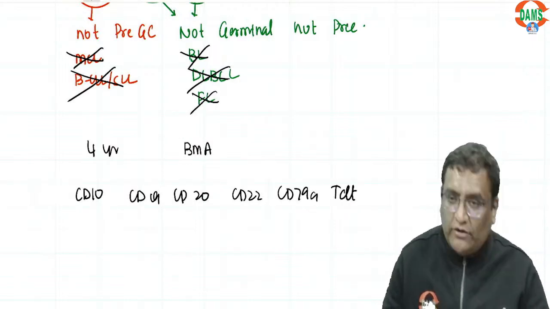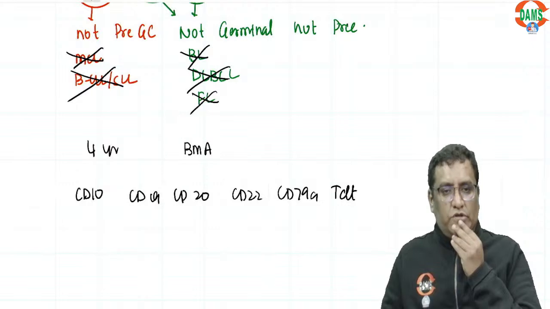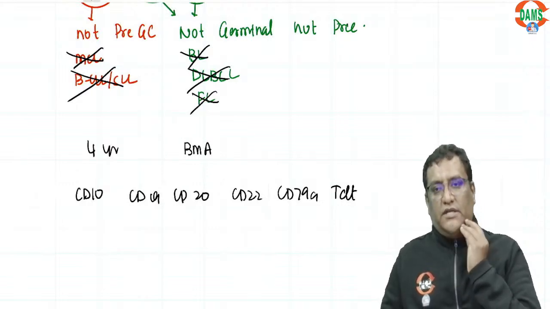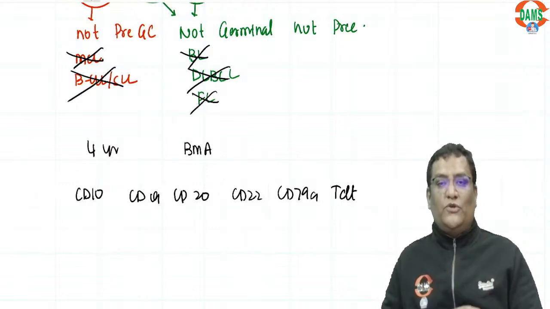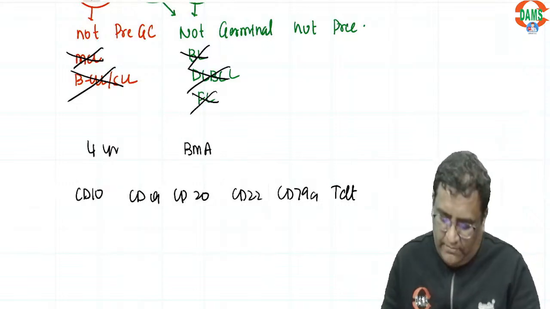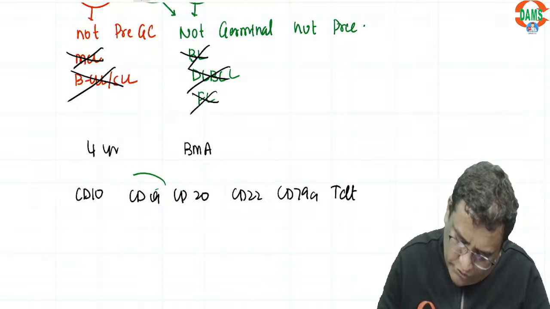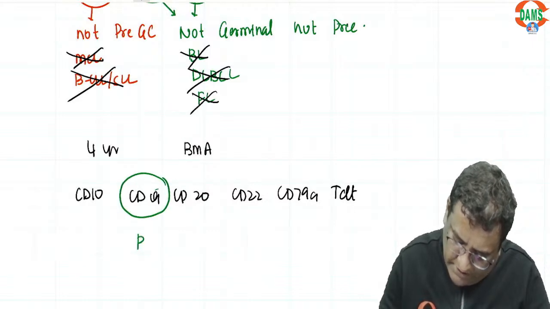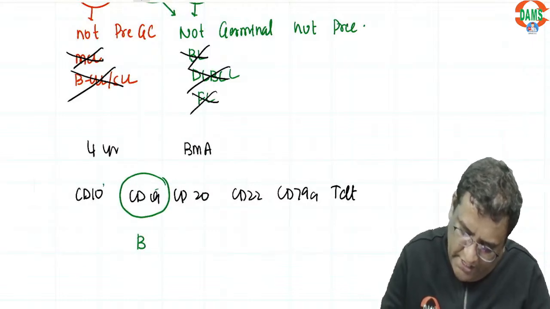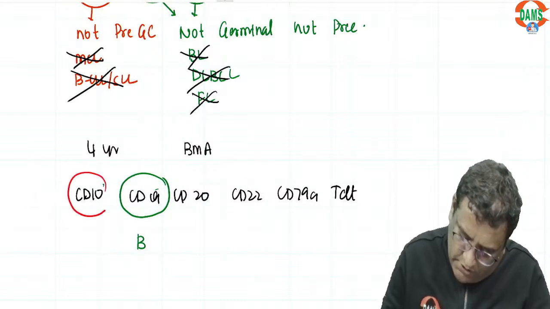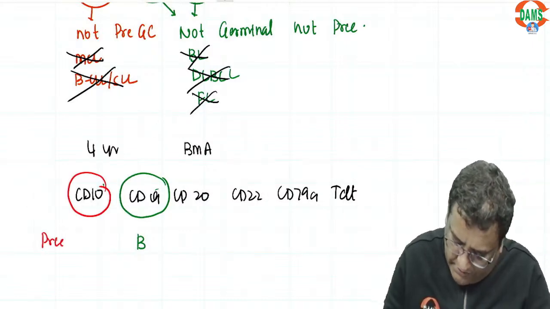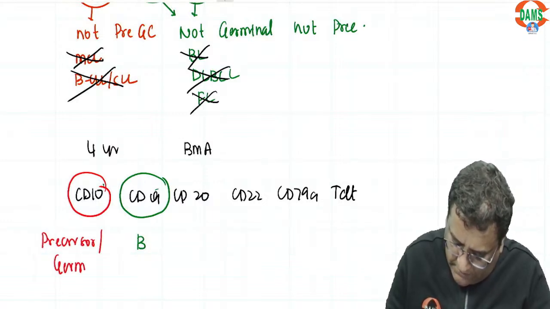Tell me now, what is your diagnosis? Very good, absolutely. I don't want your diagnosis, I want your approach. 19 positive, what are you thinking? B cell. CD10 positive could be a precursor cell, or germinal, isn't it?